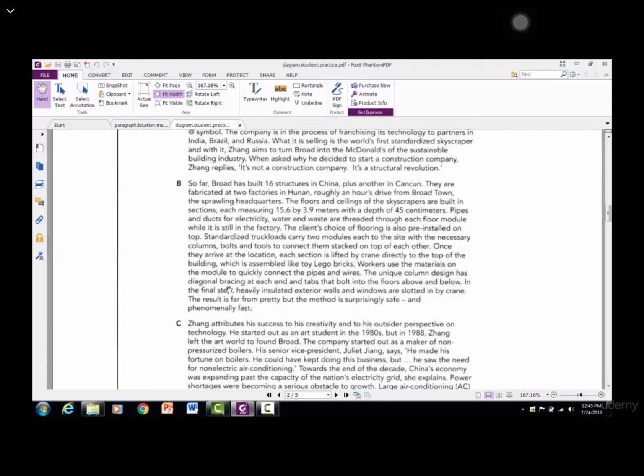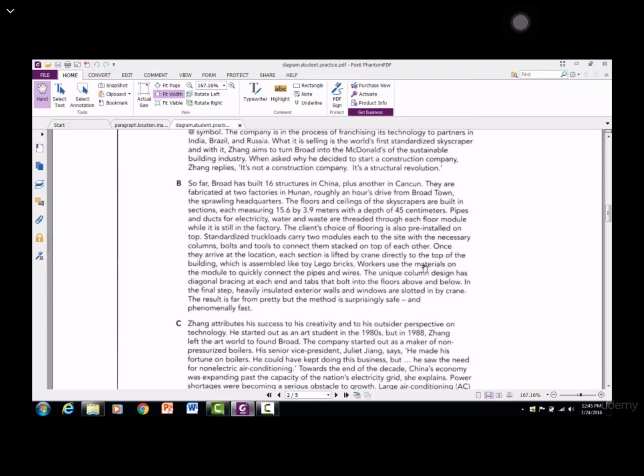Okay, so let's read what it says. It starts with the unique column, right? The unique column design has diagonal bracing at each end and tabs that bolt it to the floors above and below. The unique column design has diagonal bracing at each end.